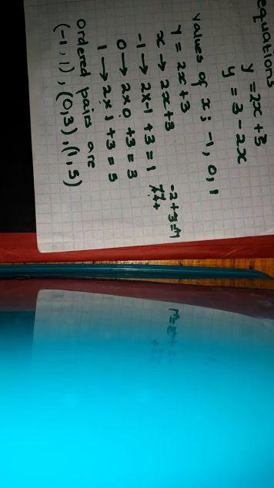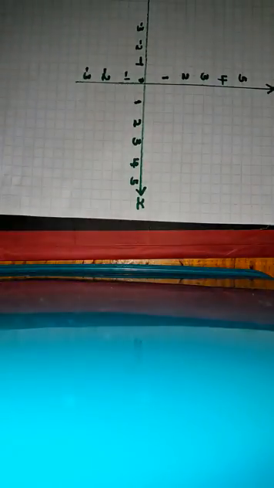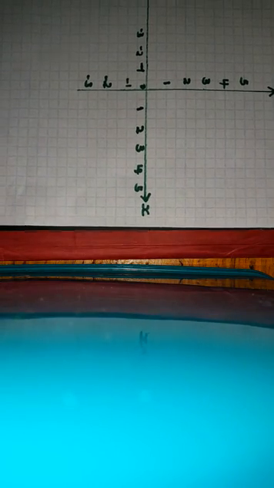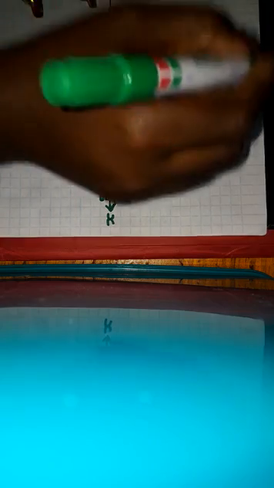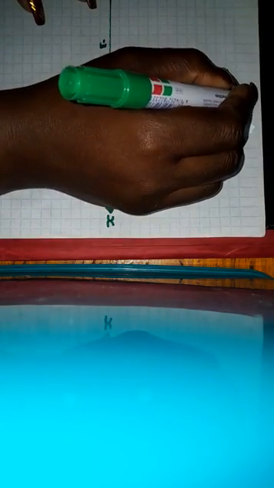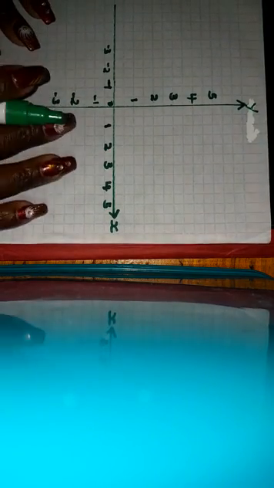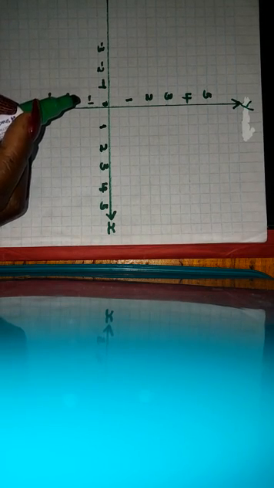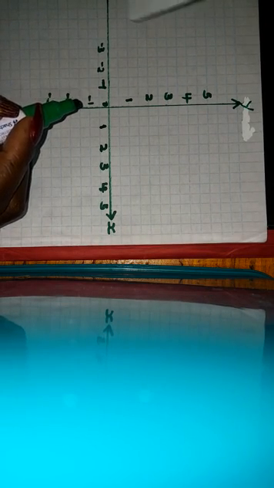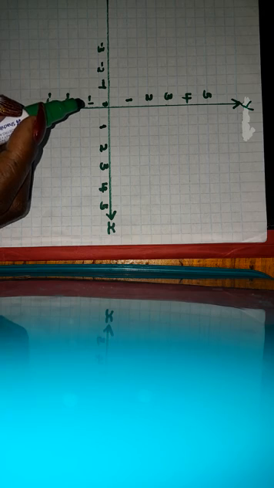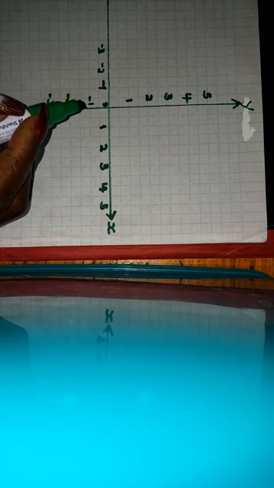So, we're going to plot these coordinates here. I have my y and x axis done. This is y. So we have to plot. The coordinates are, remember, -1, 1.